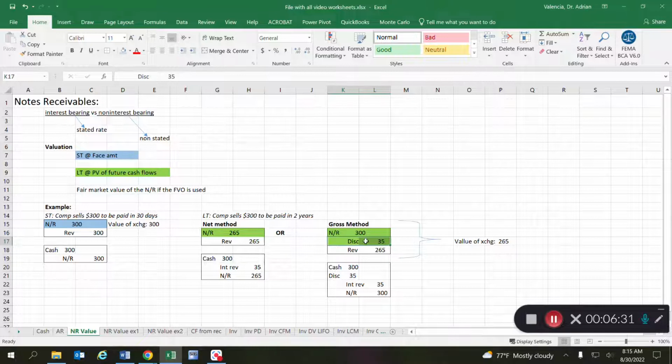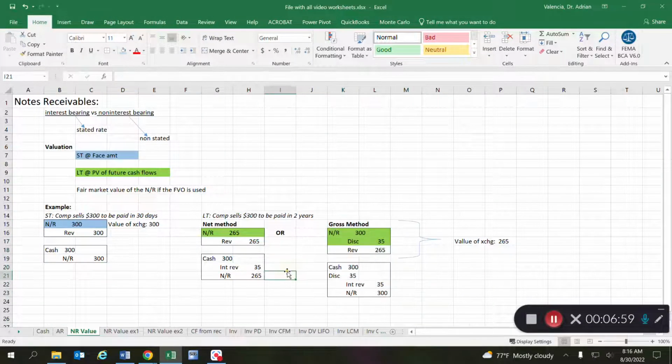So if it's a contra notes receivable, you're still valuing the note receivable at 265 because of that contra account. Then later, when you get paid the 300, you eliminate that discount account and you recognize that interest revenue and then remove the note receivable for 300. Either way is fine. There's no preference here. It's the company's choice as to what approach they take.